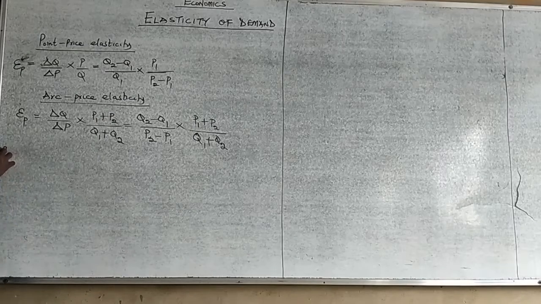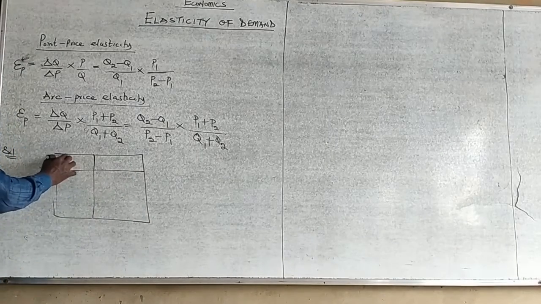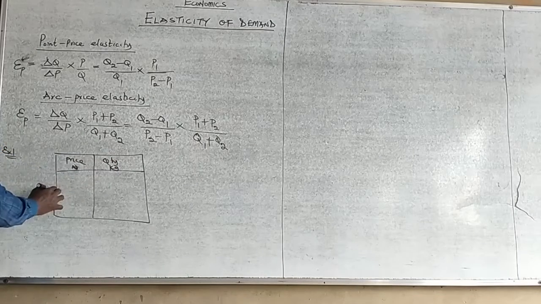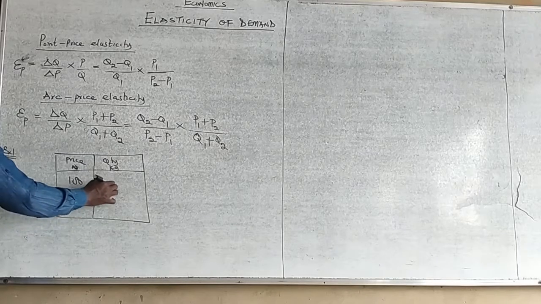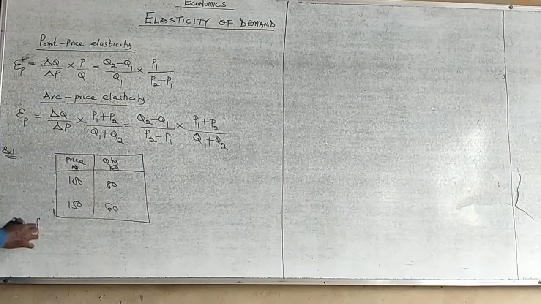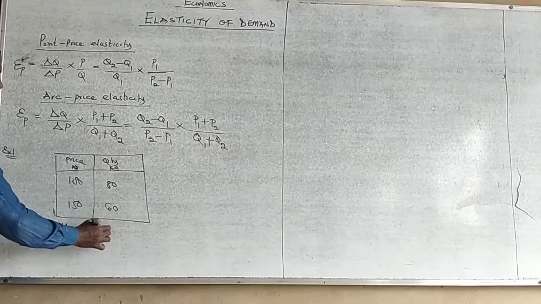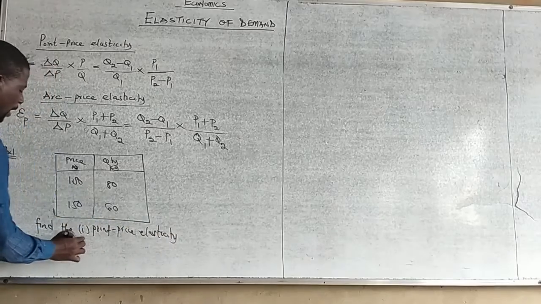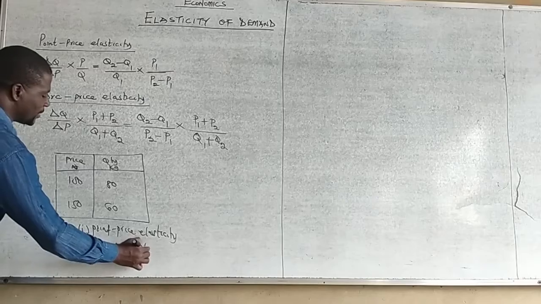So if I take the example of that one, a question can also be given to you in tabular form, where you have price in naira and quantity in kg. So you can have 100, 150, 80, 60. Then I'll say find the point price elasticity, and the arc price elasticity.